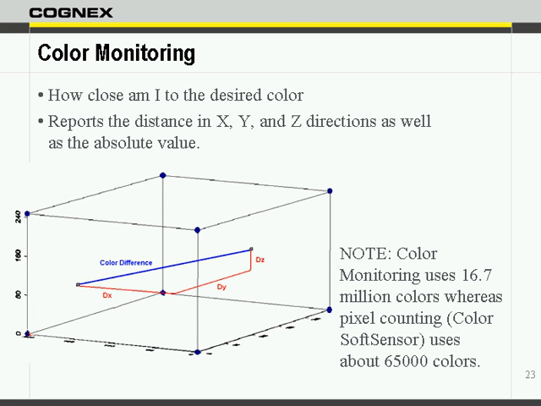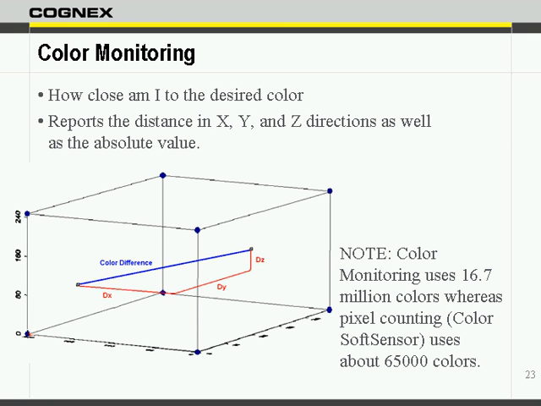So in the color monitoring mode, we want to know how close I am to the desired color. It may use different color spaces. The default one is red, green, and blue, and we'll talk about color spaces in a minute.